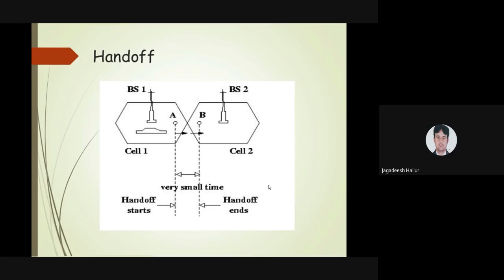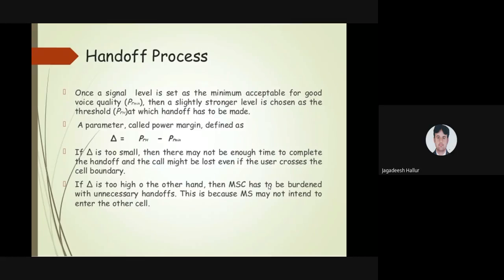That has to be taken care of by the handoff. Cell 1, cell 2, within a very small fraction of seconds, handoff starts, handoff ends. We don't know how this handoff has happened. Within a fraction of seconds, you are getting multiple channels. That has to be taken care of by the handoff.